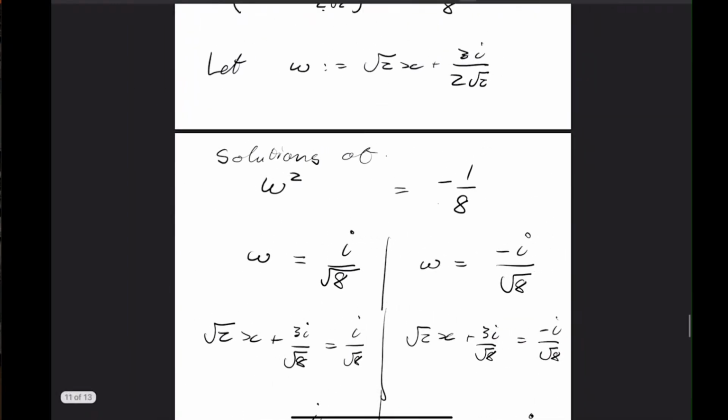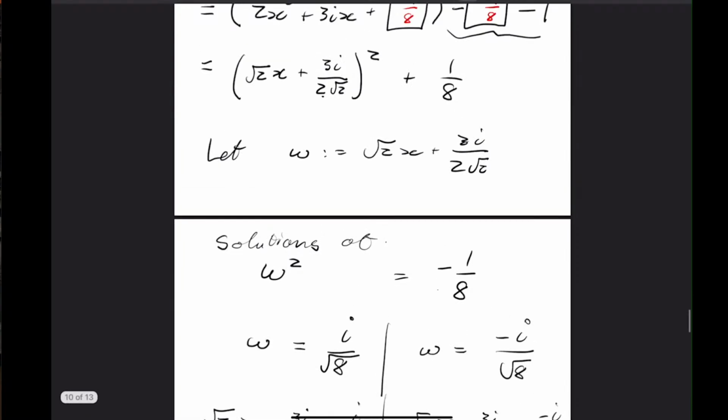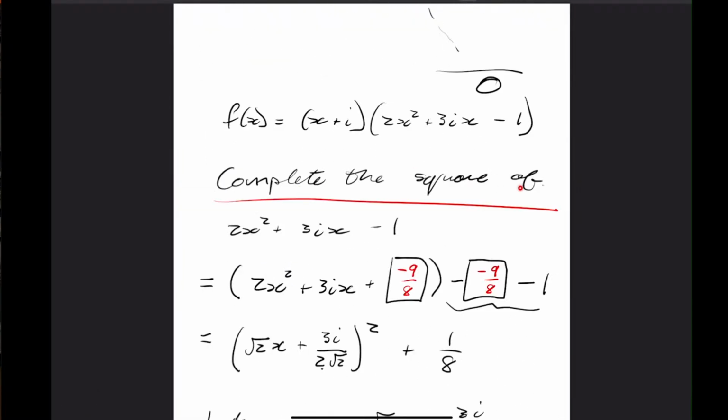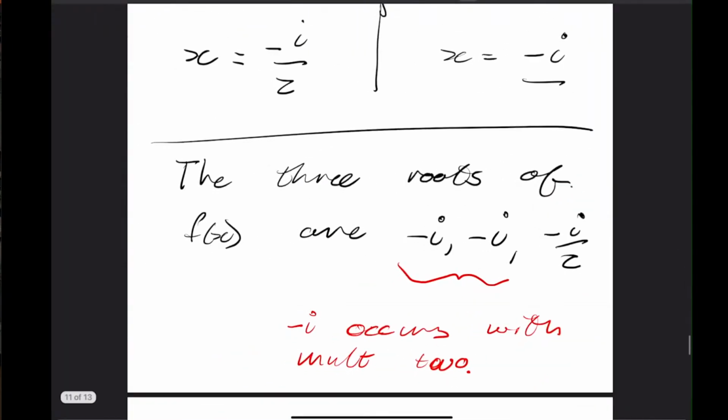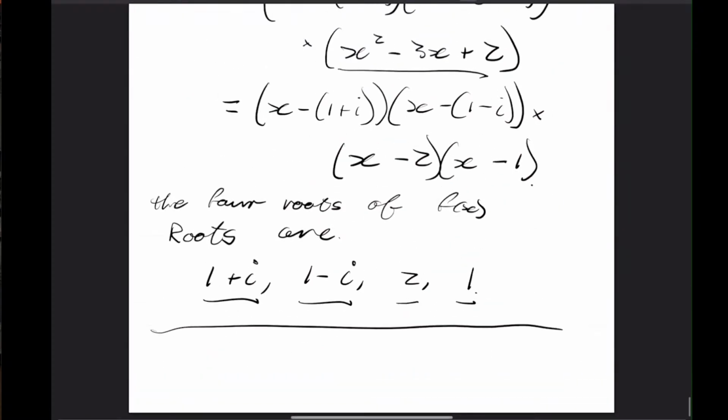The hardest one is probably completing the square. If you're rusty with completing the square, do look it up and do some exercises on it. Okay, and with that, ladies and gentlemen, that finishes our discussion on chapter 7.